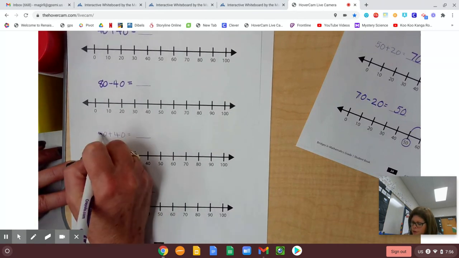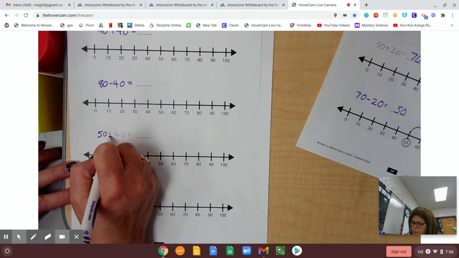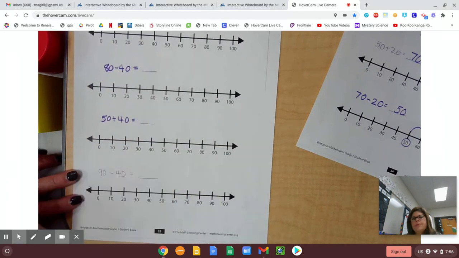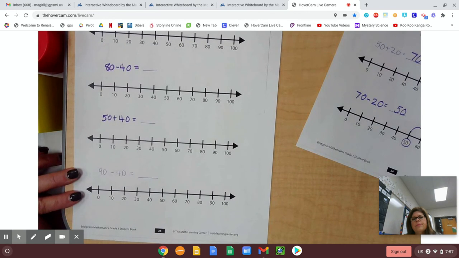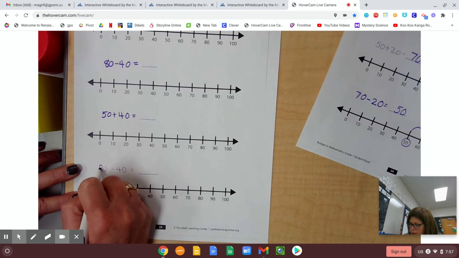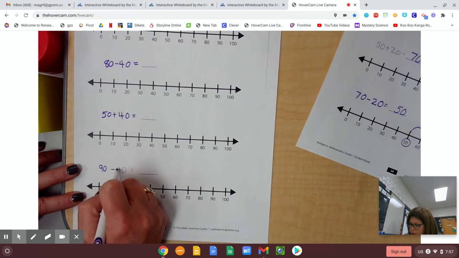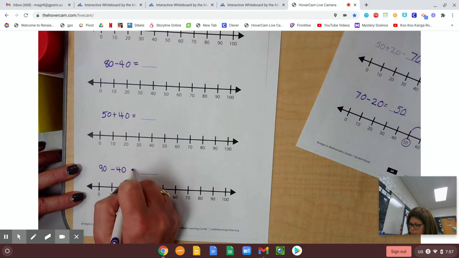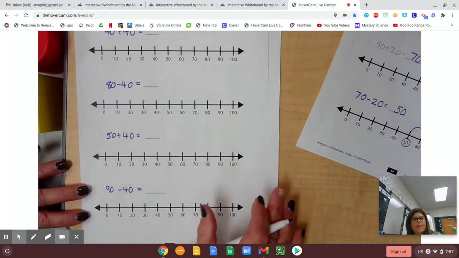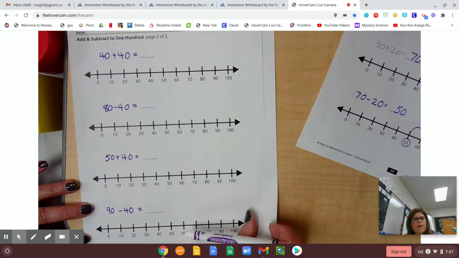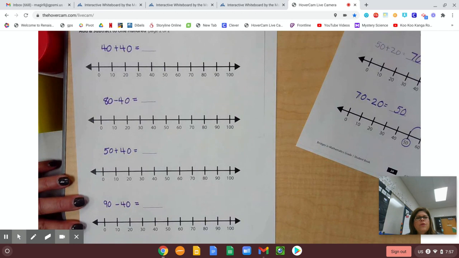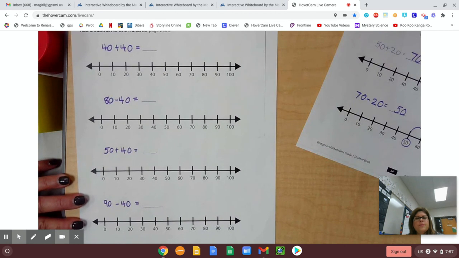And then you're going to write 50 plus 40 equals. And the last one, 90 take away 40 equals. So I'm going to slide this down so you can see them all. If you don't have all of these written, pause it so that you can finish writing your equations.